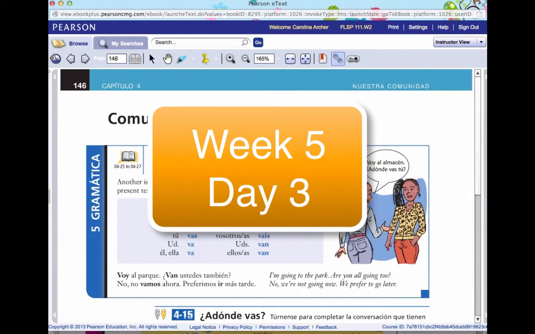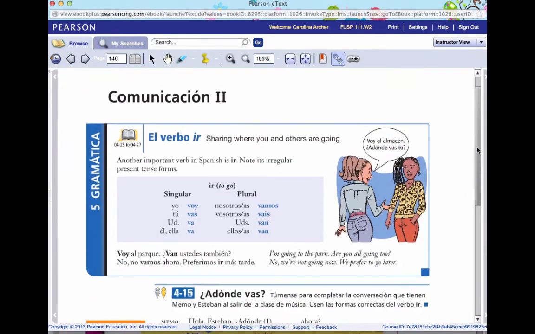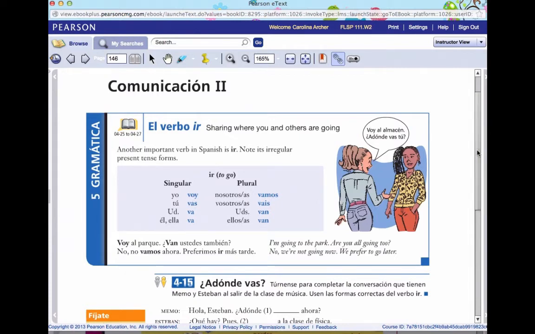And we are going to start this day with the verb ir, which is an extremely important verb to learn. Number one, because it's very irregular, so you have to learn how to conjugate that. And number two, because this verb, just like in English, is used to express the future, okay?